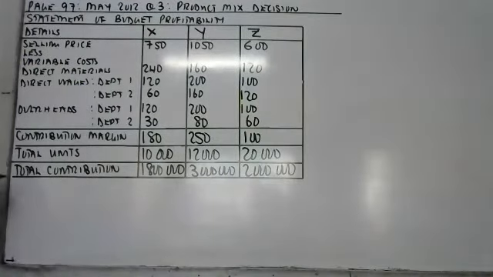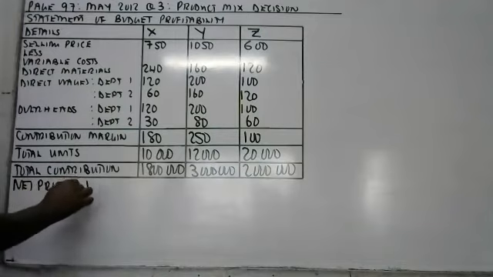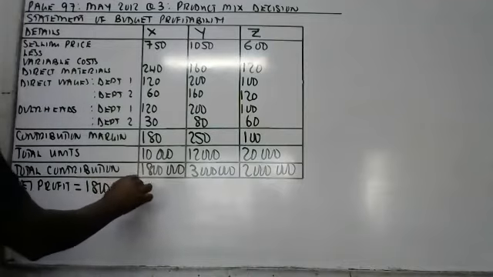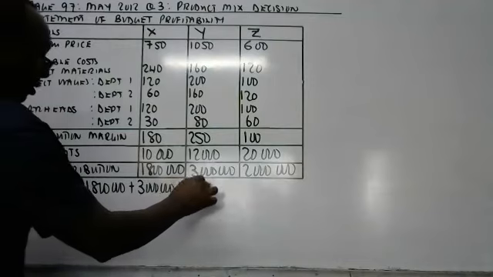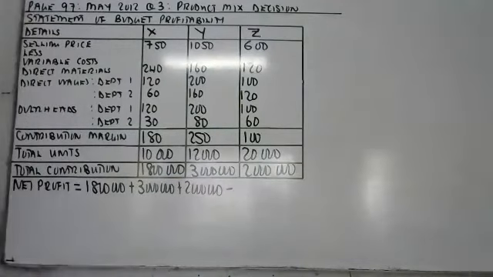So maximum profit or net profit below that will be now 1.8 million plus 3 million plus 2 million. You minus the fixed costs.